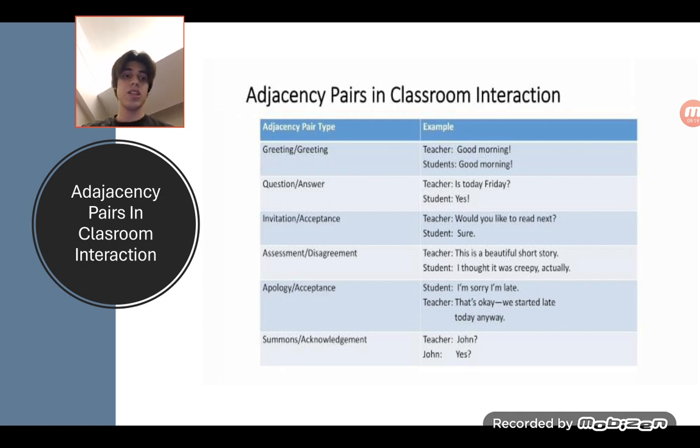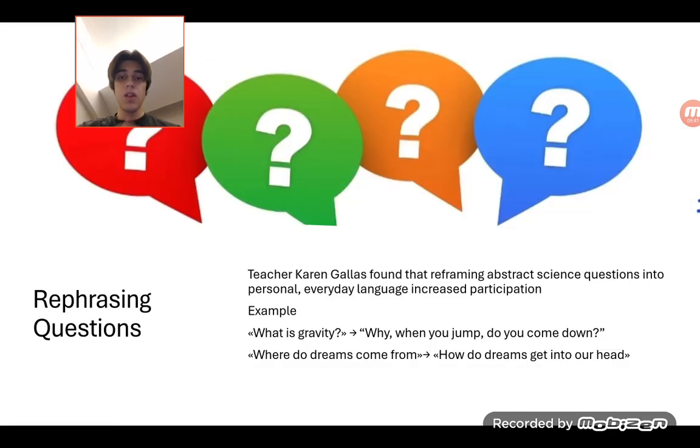Or invitation and acceptance. The teacher might say, "Would you like to read next?" and students might say sure. Or assessment disagreement. Here the teacher might say, "This is a beautiful short story," and the student responds, "I thought it was creepy actually." We might actually multiply these examples. There are lots of them.